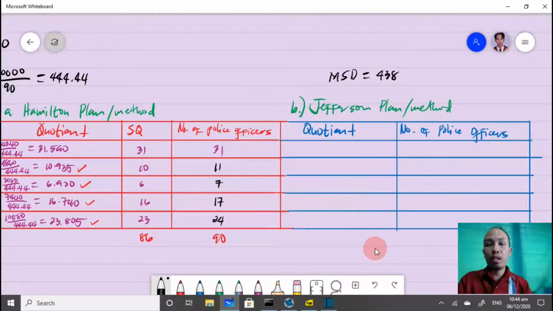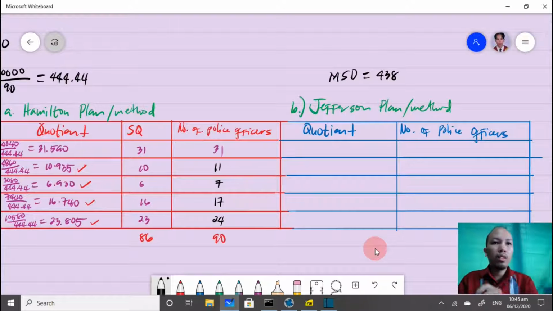Maybe you have another, but I'm going to give you later the range of the modified standard divisor. As I've said, there are many modified standard divisors, not just only one.